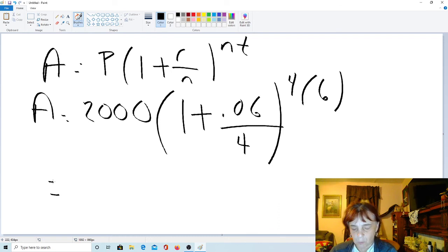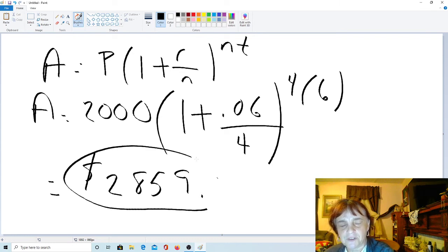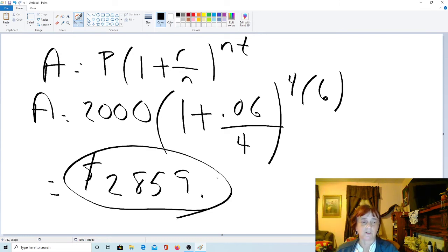Which is what? Okay, if you borrowed $2,000 at 6% interest compounded quarterly for 6 years, it would be $2,859. $2,859 is what you have to pay back.